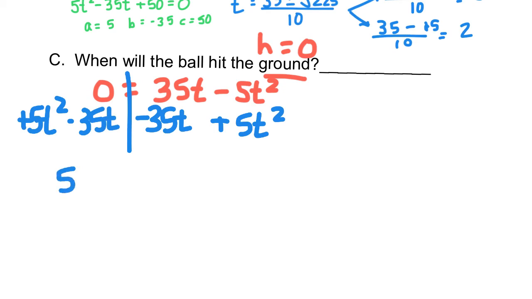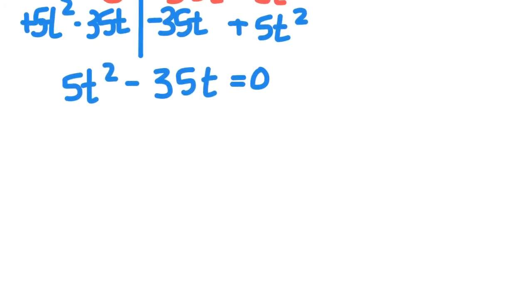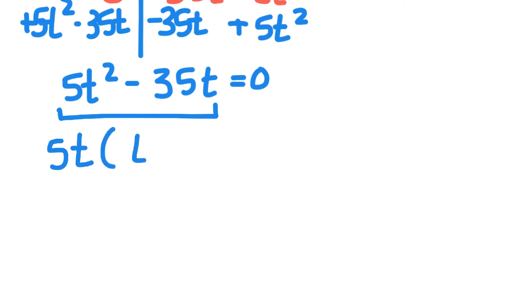So we would end up with 5t squared minus 35t equals 0. Now you could use the quadratic formula, but looking at this, it would be easier to find the GCF. Once we factor out the GCF of 5t, we would be left with 5t times t minus 7 equals 0.